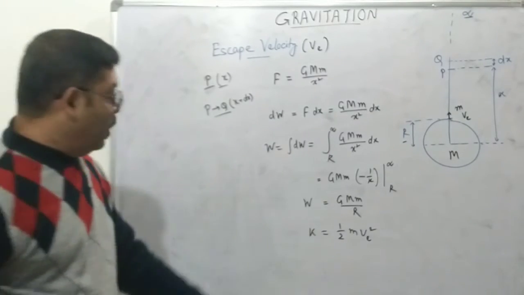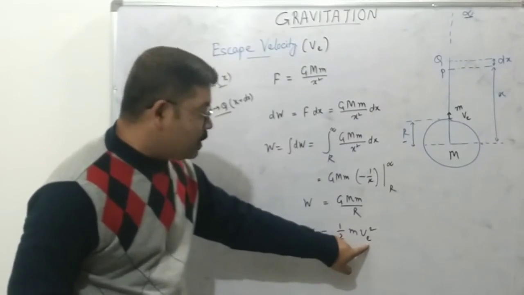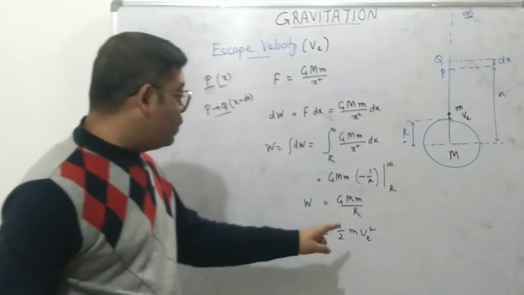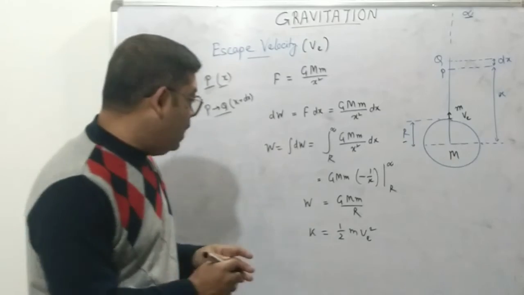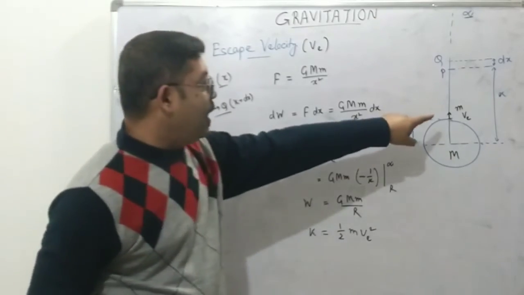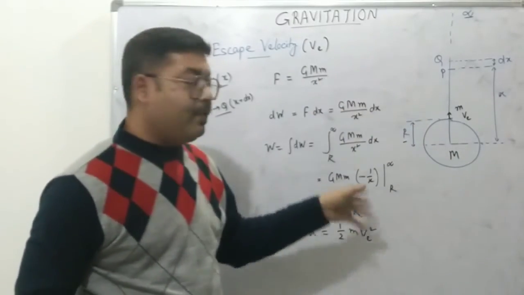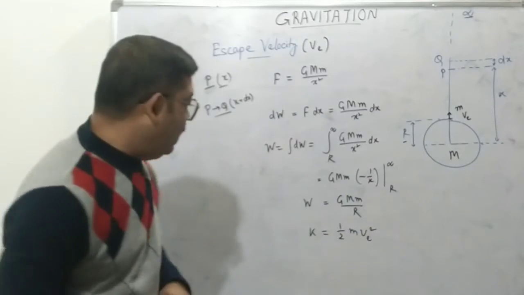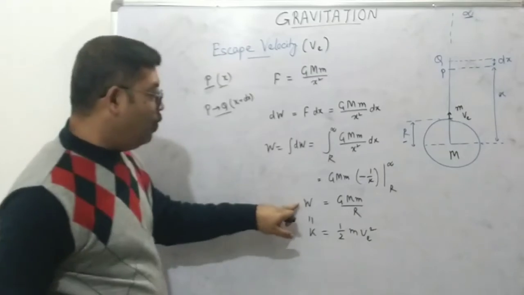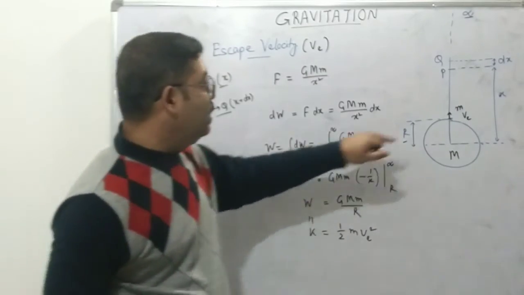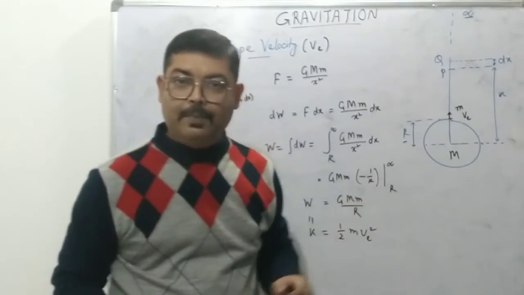So this velocity will be the escape velocity. This velocity will be able to impart sufficient kinetic energy for the object to escape the gravitational field, if and only if this is equal to or greater than the work that needs to be done to take the object from here to infinity.